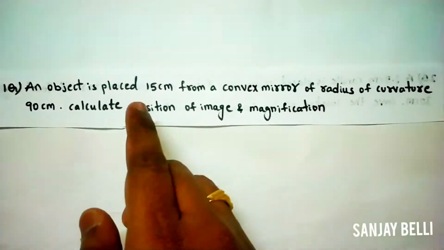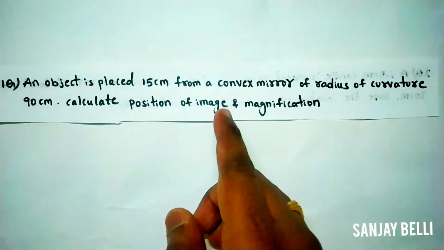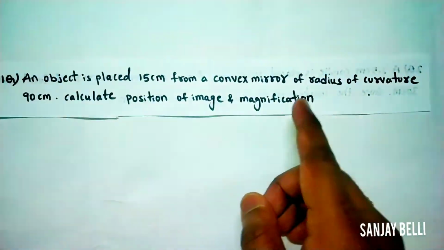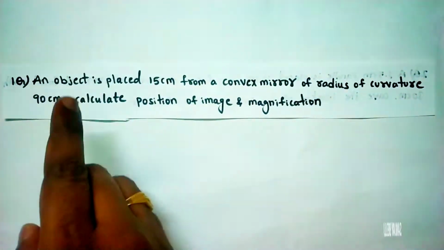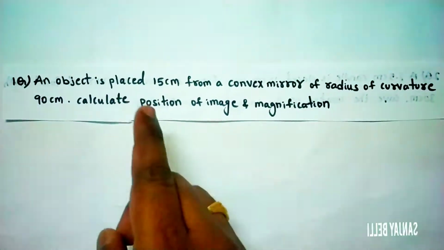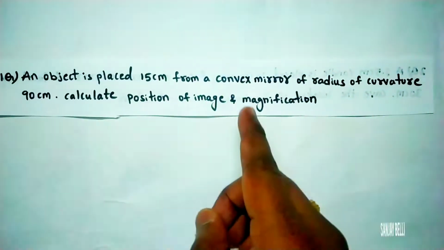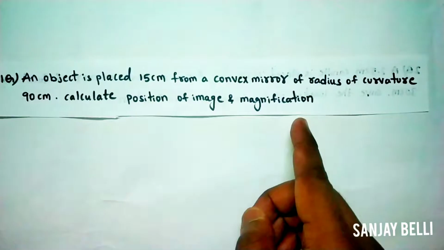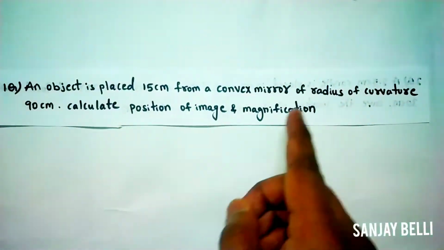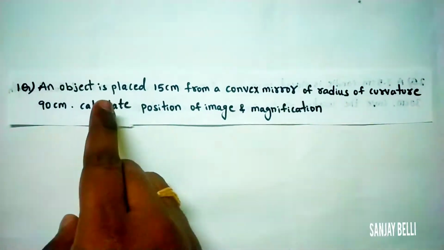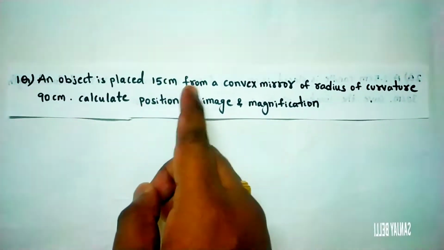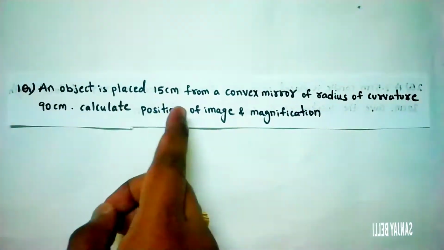An object is placed 15 centimeters from a convex mirror of radius of curvature 90 centimeters. Calculate the position of the image and magnification. If you observe this convex mirror problem, it was clearly given that 15 centimeters is the object distance.